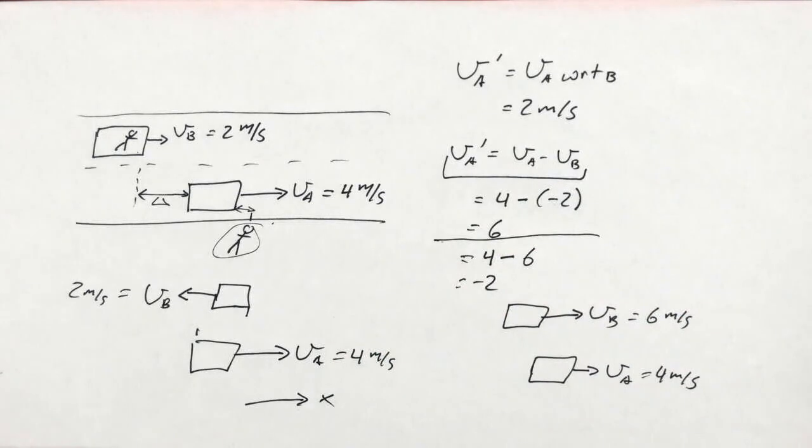So it works. It works no matter what the frame is. You just have to be careful to choose a direction and then stick with that direction and interpret your results according to that direction. By plugging in a positive here and a positive here, I've chosen to the right to be positive, which means the perspective is that this one's moving negative, or to the left. That is a reference frame calculation.